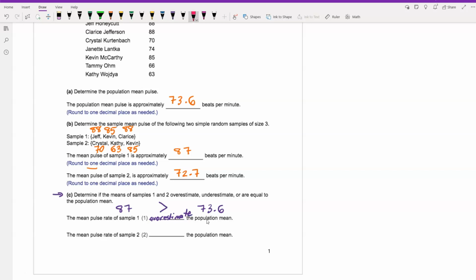The mean pulse rate of sample 2 is 72.7, and here the population mean is 73.6. This is less than 73.6, so this number 72.7 is less than what we have for the population mean. That means for this part we have an underestimate.